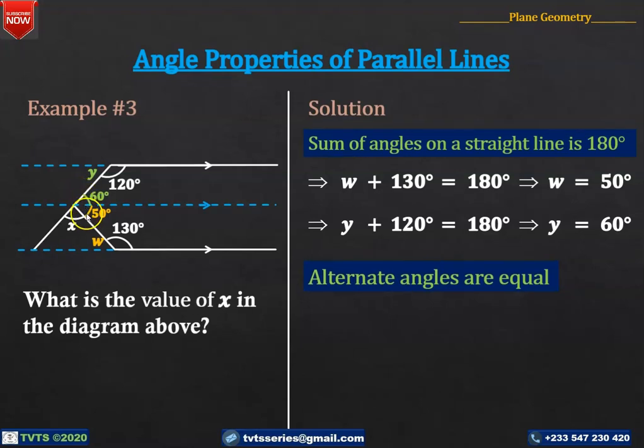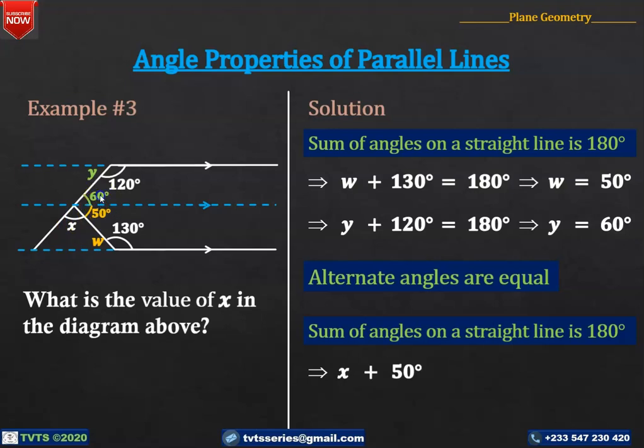These three angles are on a straight line, and we know already that angles on a straight line are supplementary or sum up to 180 degrees. This means that x plus 50 degrees plus 60 degrees is equal to 180 degrees.